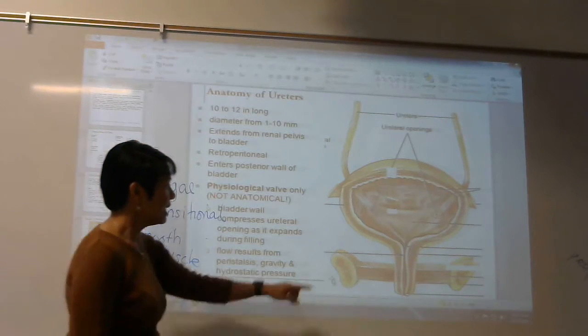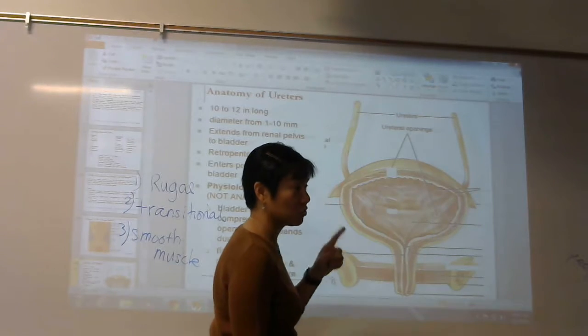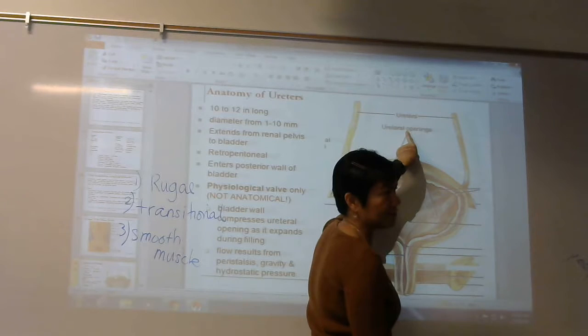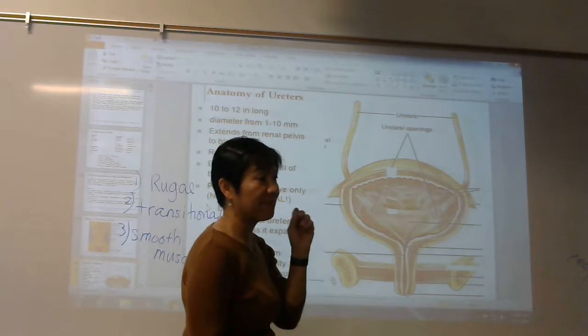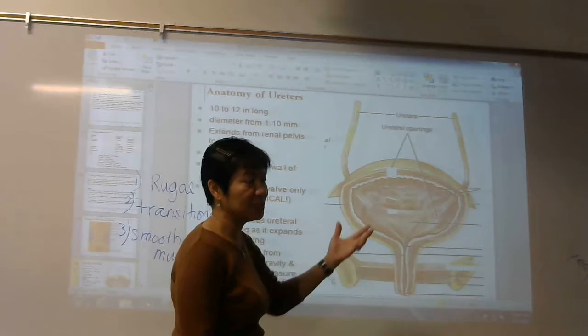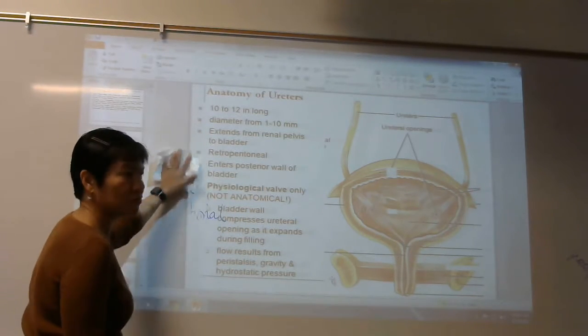You're going to say, these ureteral valves or openings are not true valves. Yeah, I think that's why they write openings now. They don't write valves actually, to make sure that we grasp the fact that this is not a true valve. It's just an opening.